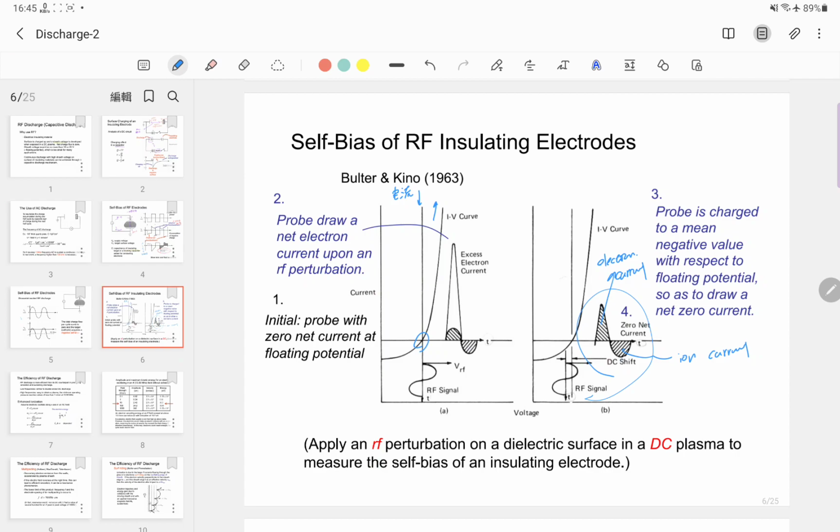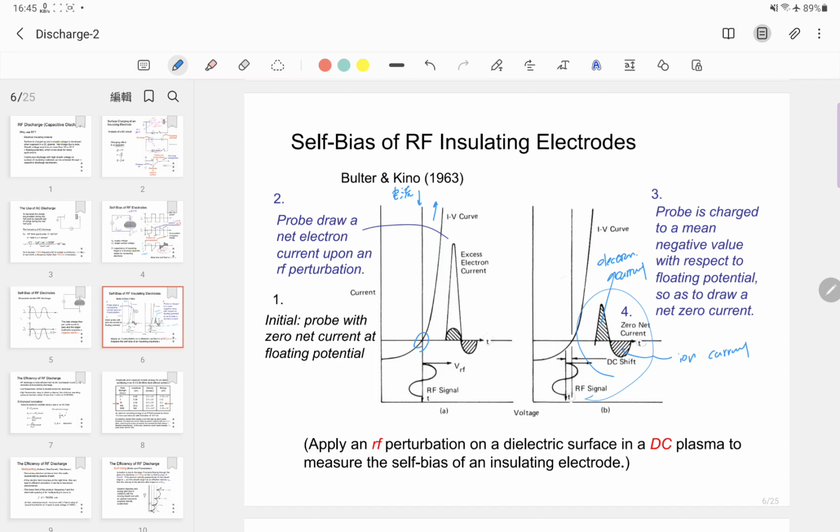Okay. So at this condition, the probe is biased negatively, and this DC shift equals the negative self-bias of the floating material in the plasma system.